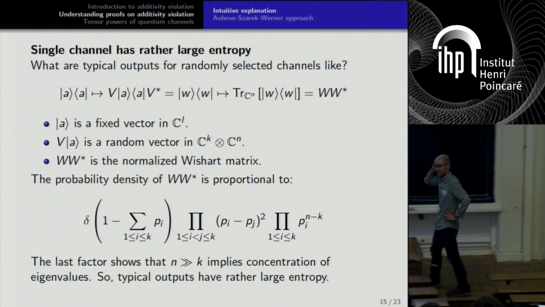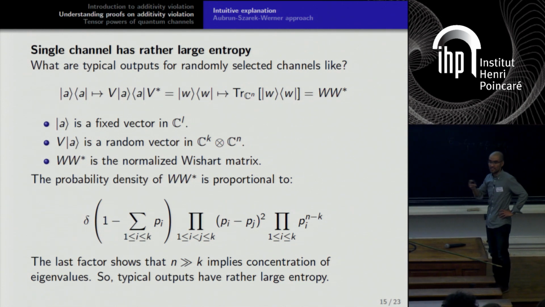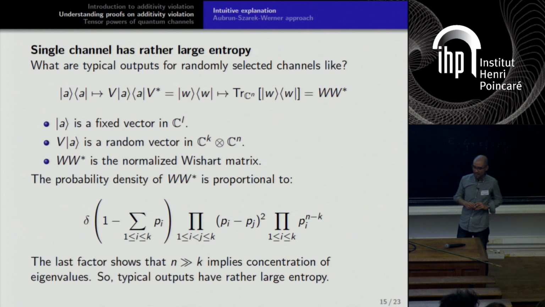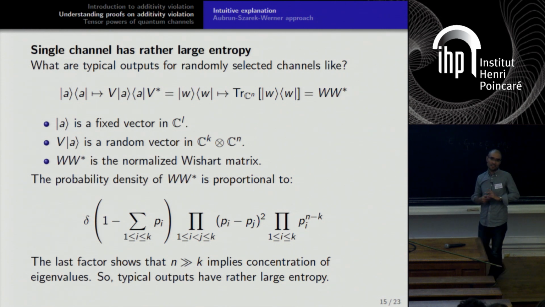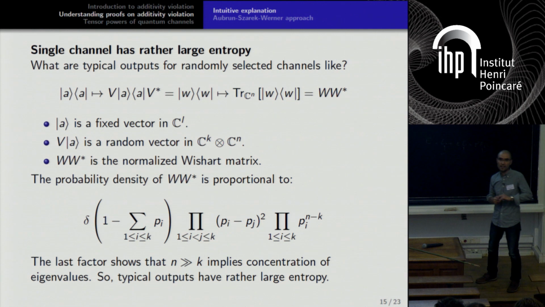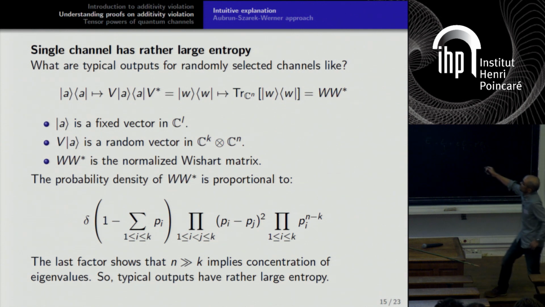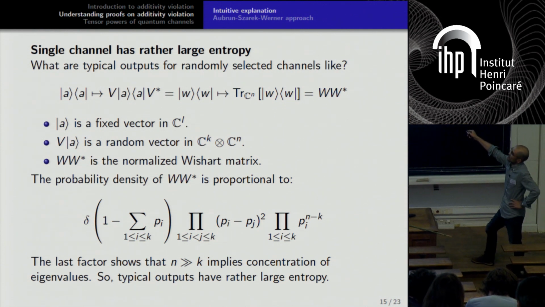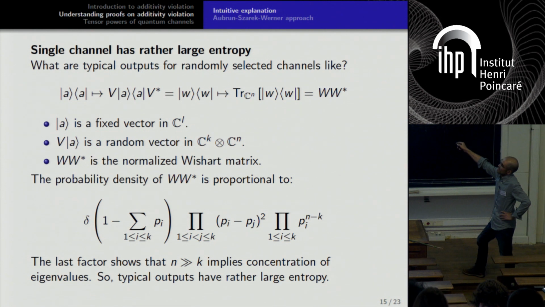Now we know that the tensor product of phi tensor phi bar has rather small entropy. Let's see that each quantum channel is a bit noisy, meaning that outputs of quantum states have rather large entropy. To see it, let's think about this picture again. We have input here.